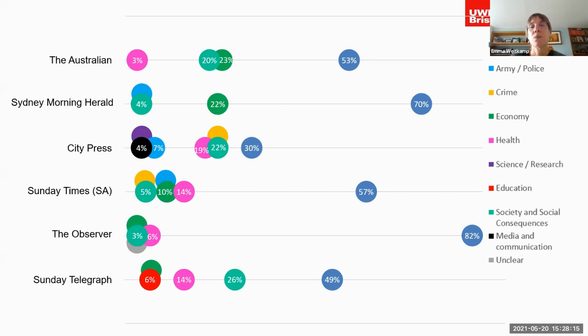When we did our analysis, we looked to see what the broad framing of the cartoon was. So we split this down into a broad frame, and then we did do a secondary frame analysis, but today I'm only going to present the broad overarching frames. And we were looking to see what sort of general areas the cartoons were aligning with.